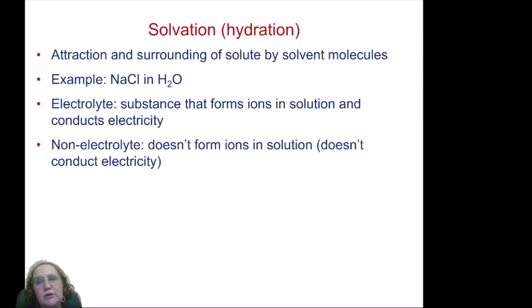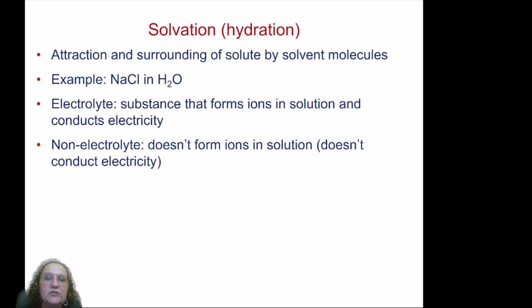When a solute dissolves in a solvent, we call that a solvation process. Solvation is the process of the surrounding of the molecules of solute by molecules of the solvent.